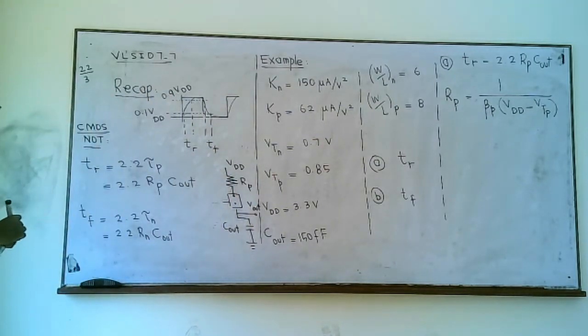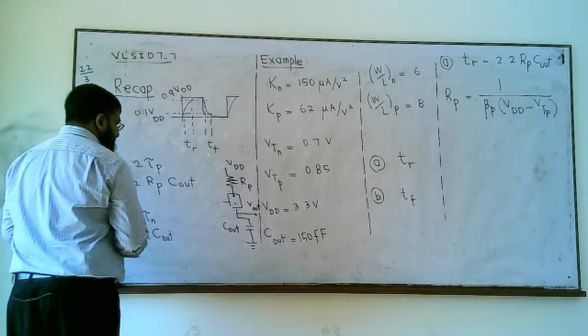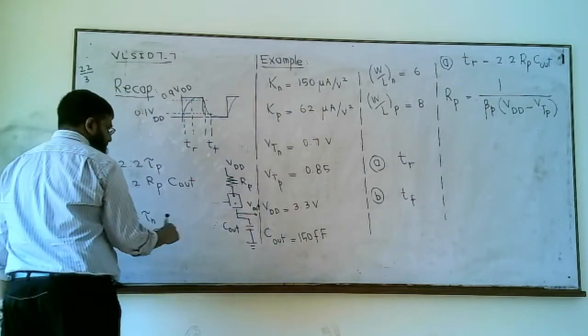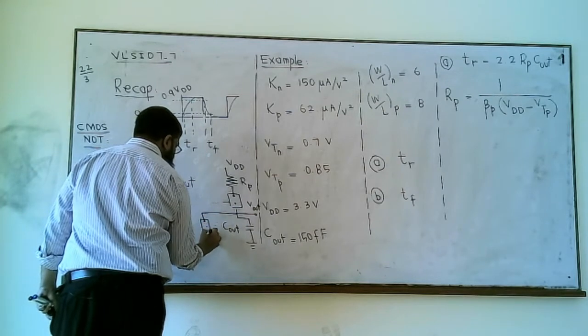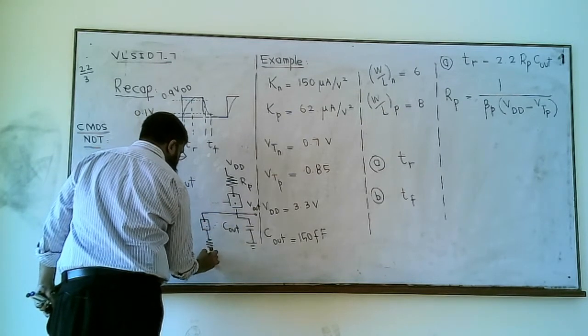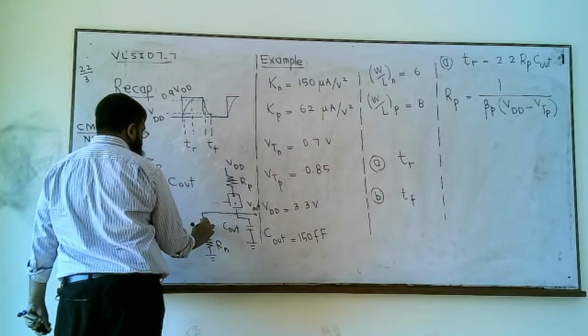And the equivalent circuit when the output falls from VDD to 0 is this.